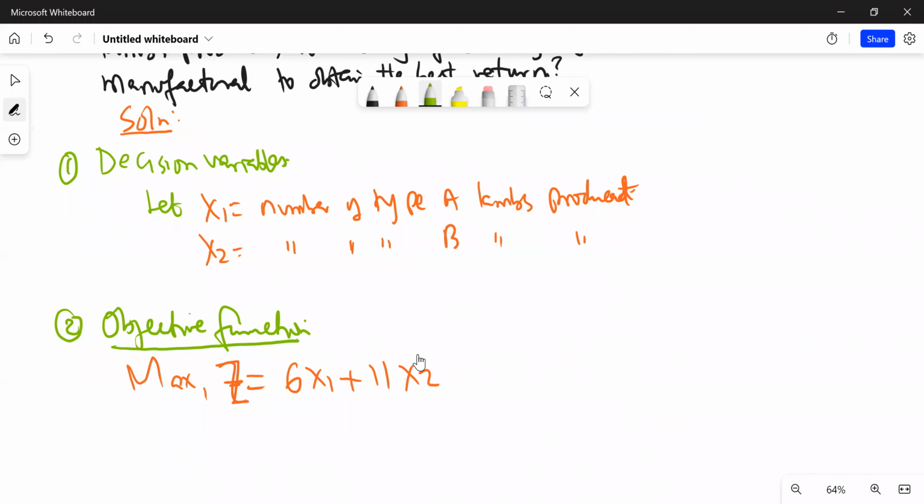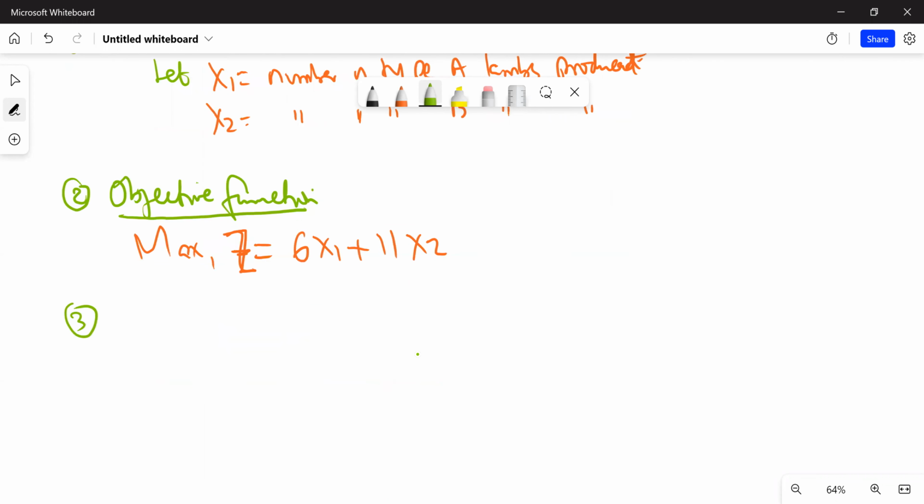So that's number 2. Number 3, resource constraints. Which resources do we have here? It's good to try and summarize the information given so that you can see the resources clearly. So let's come up with a table here. We have the lamps, these are the products: lamp A, lamp B. Then we have the human resources: the cutter and the finisher.